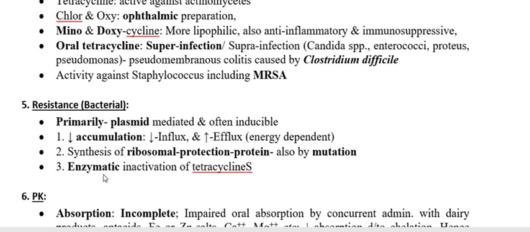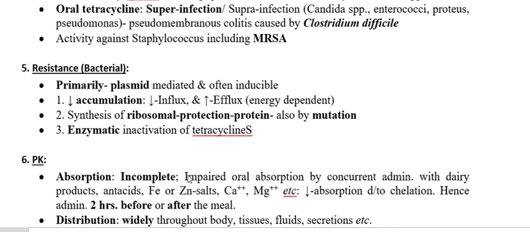When there is disruption or breakdown of the antibiotic, the tetracycline is inactivated. So the resistant bacteria produce the enzyme, which acts on the tetracycline and breaks its structure, and therefore the tetracycline becomes inactive. By these three means the resistant bacteria develop resistance against tetracycline.